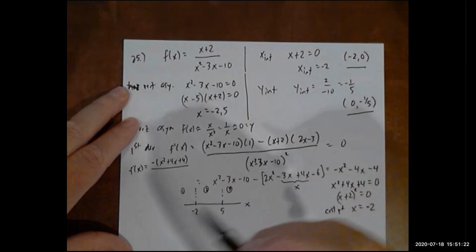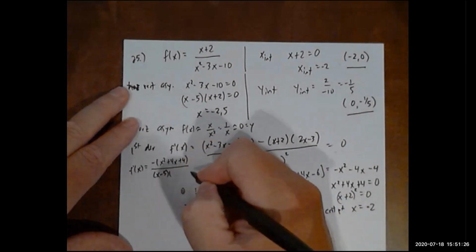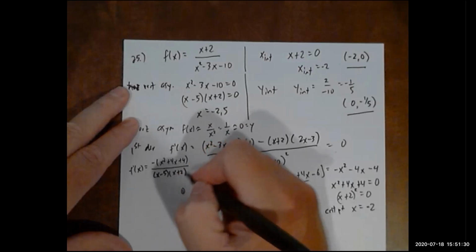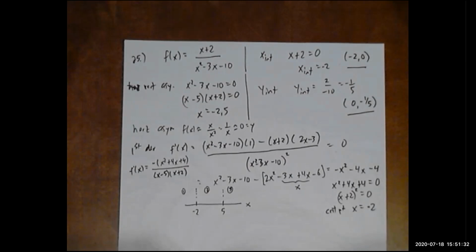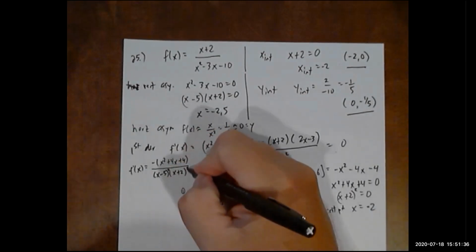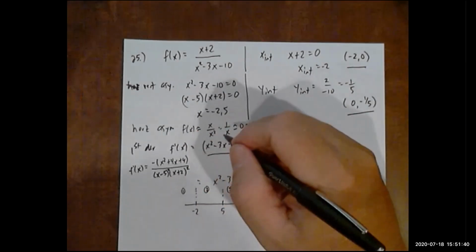And here's the denominator. Oh, but these are both squared. Now we do have some canceling that goes on here.